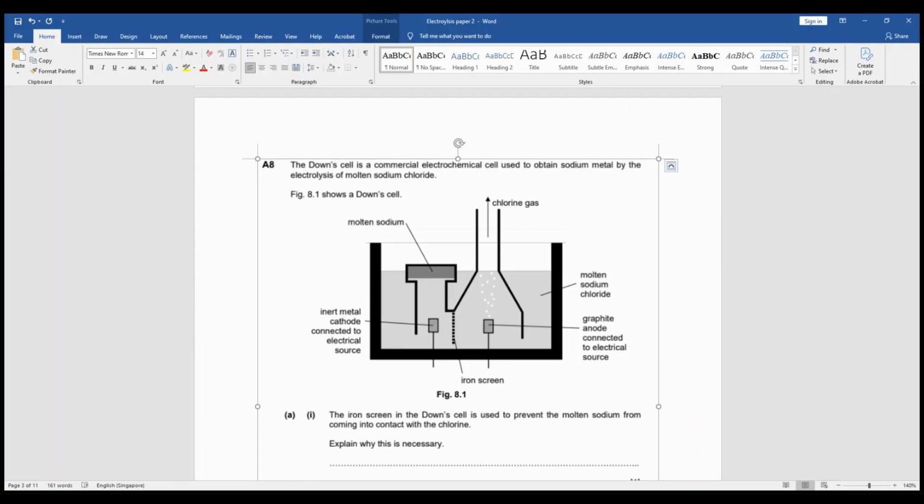It floats on top, so this is okay. Inert cathode, okay, fine. And we have an iron screen. The iron screen is to prevent the sodium from going over to the other side. Okay, fine. Why is the screen needed? I was talking about the screen and immediately they asked me about the screen.